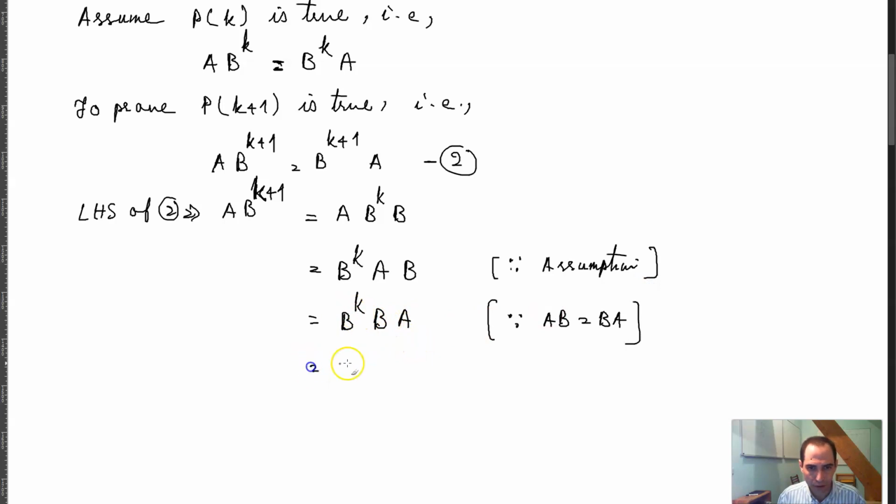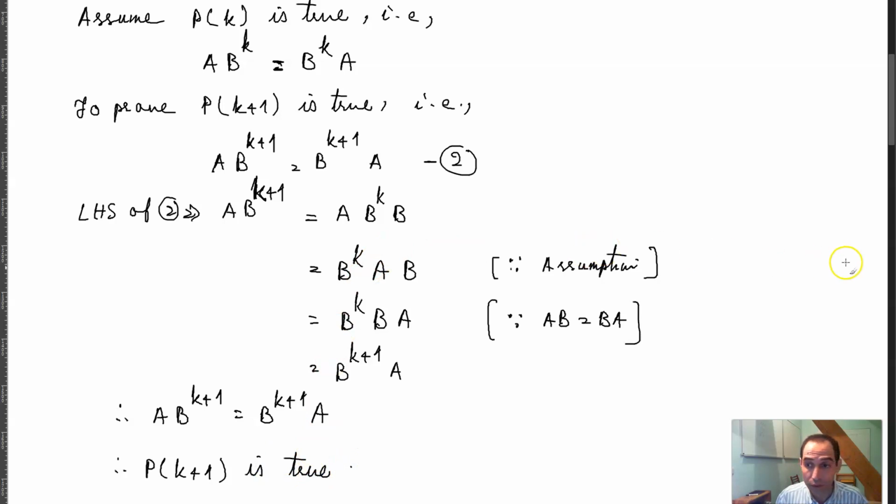Now this is the same thing as B raised to the power k plus 1 times A, and therefore you can say that A times B raised to the power k plus 1 is equal to B raised to the power k plus 1 times A, which is basically this statement over here, right? Which means that P of k plus 1 is true.